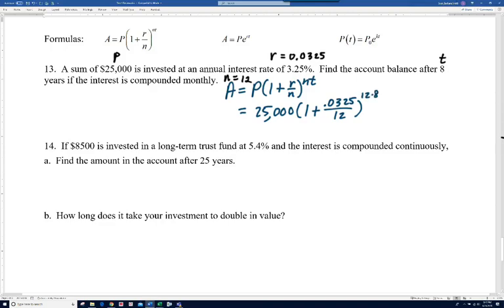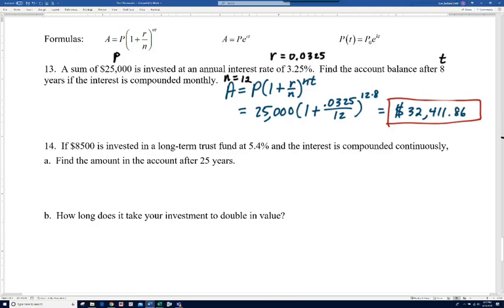So step 1 is getting all the numbers into the right place in the formula. Then make sure you plug this into the calculator correctly. And you get $32,411.86. So our money grew by a little bit in 8 years.